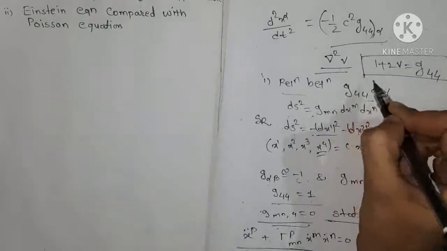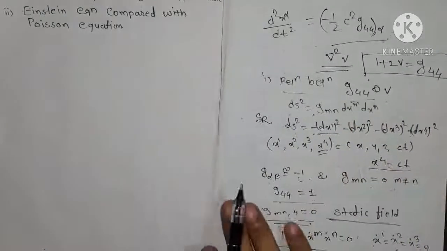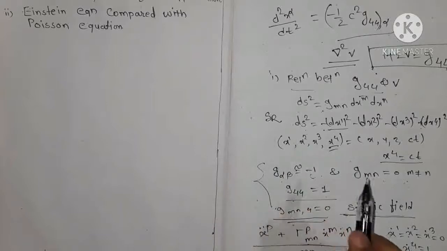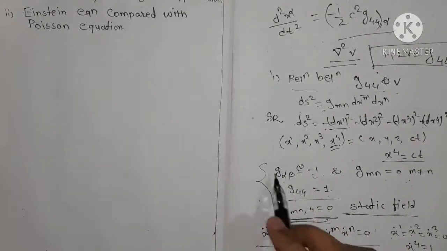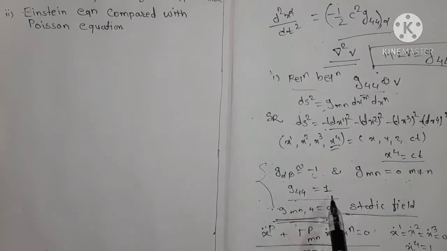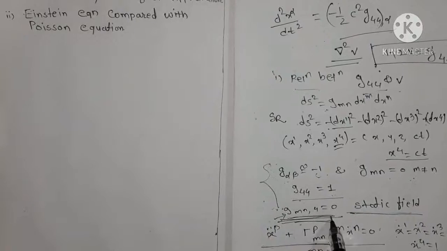So this is the relation that we derived in the last lecture, where we assumed the static field given by this equation. This is the condition for the Newton theory as a first approximation. In that case, we approximate the metric tensor by -1, G44 equal to 1, and this static condition.